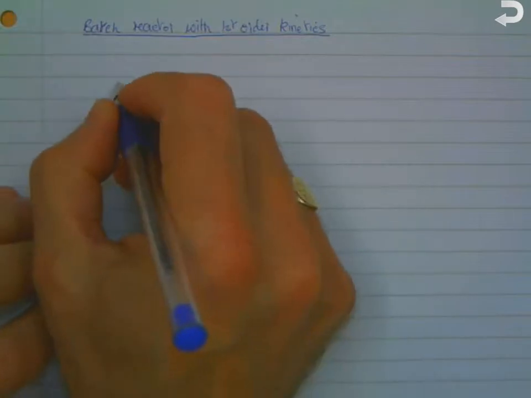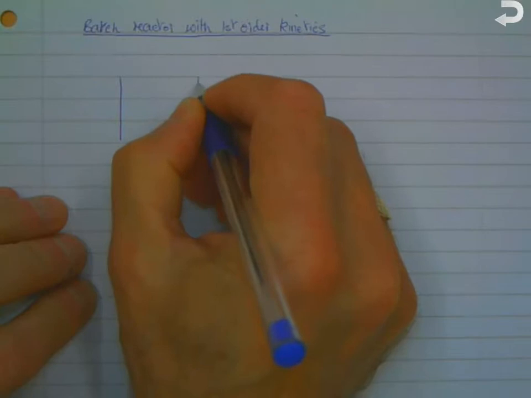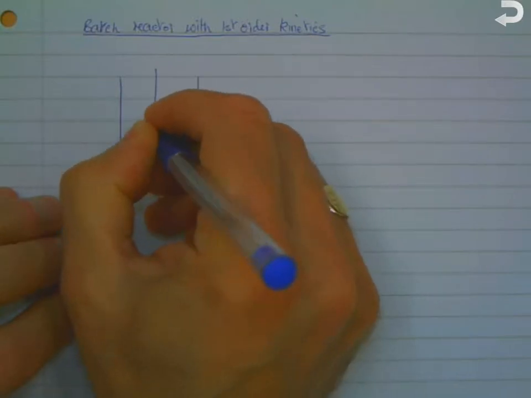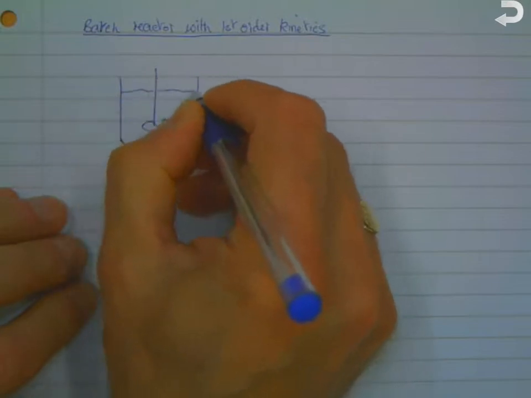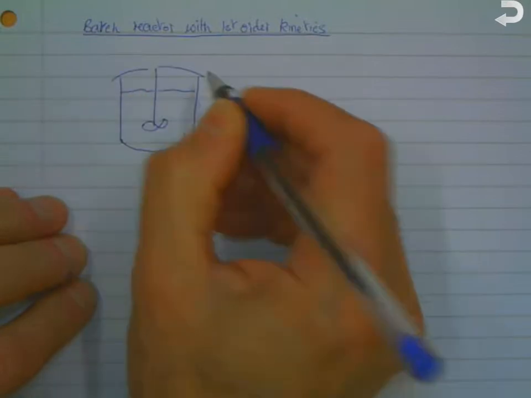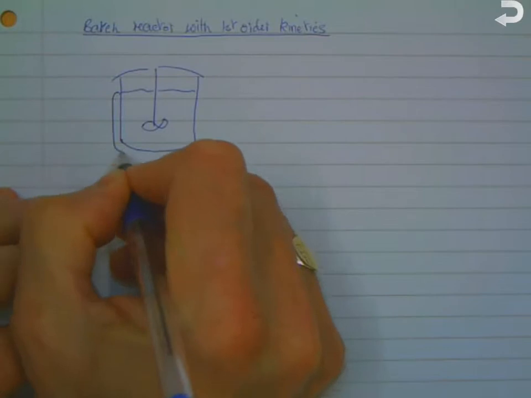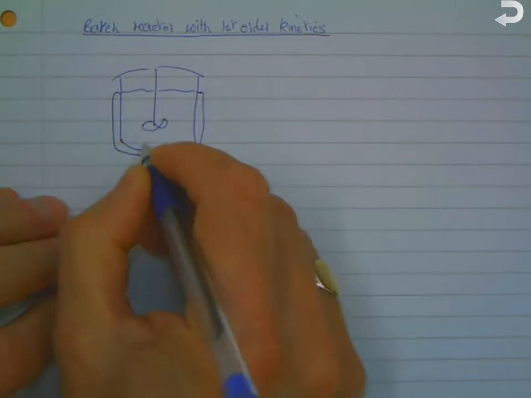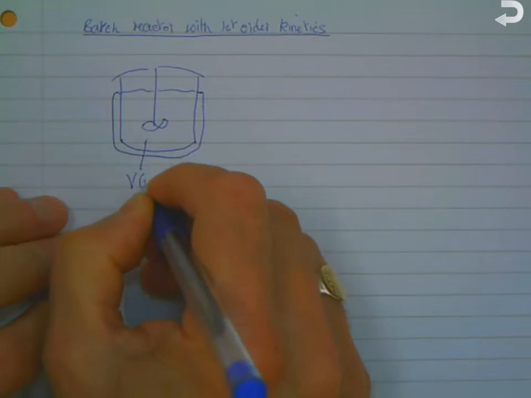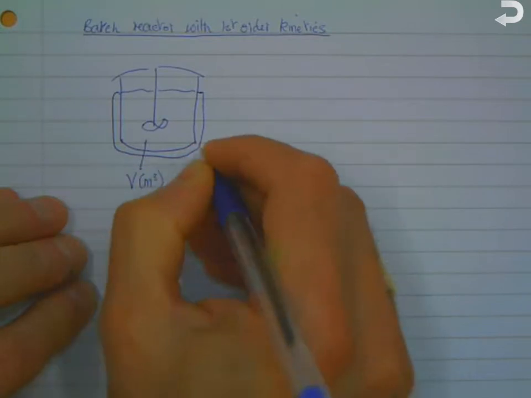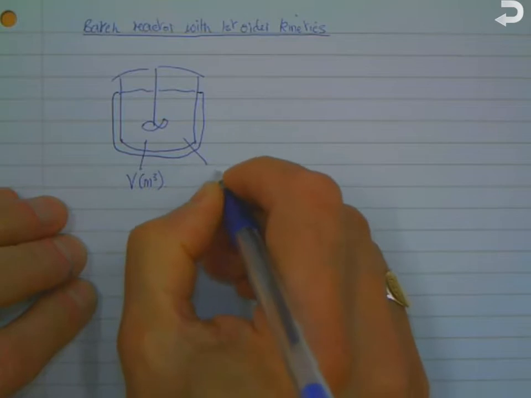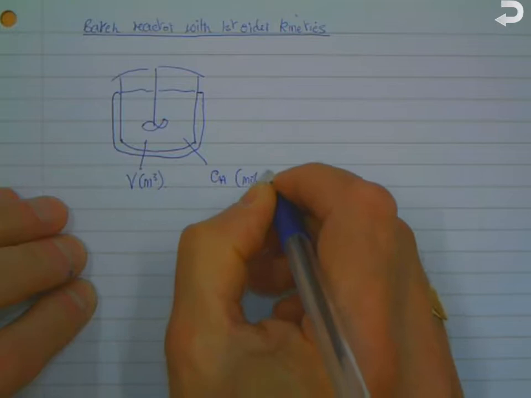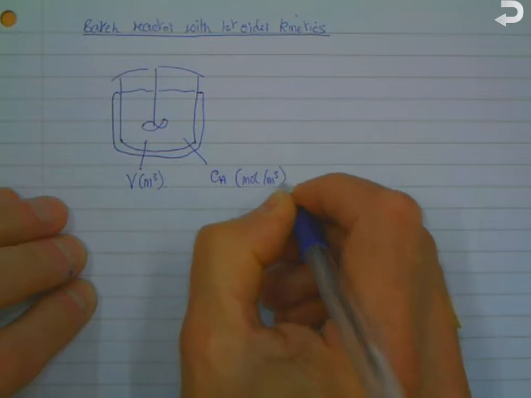So let's now look at the equation for a batch reactor, which was derived earlier. So we've got our agitated batch reactor, which has volume V, cubic meters, and it has a starting component A, which is Ca moles per cubic meter.